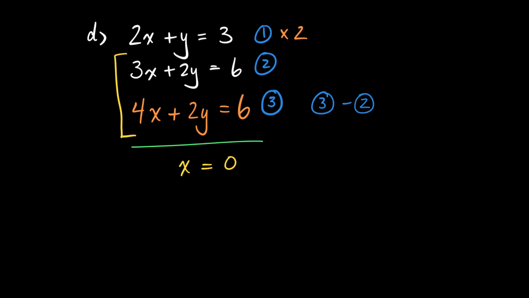x equals 0. Okay, I can now take that x equals 0 and I can sub it back into one of my originals. And you notice I keep saying one of my originals. I could sub it back into my orange equation because 3 is equation 1.